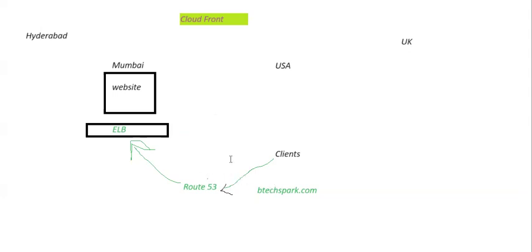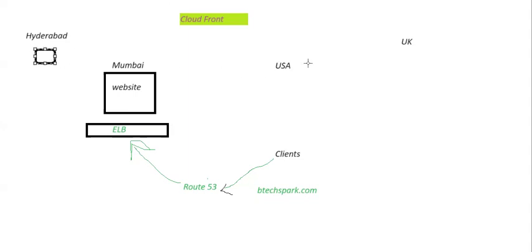So let us discuss that. In every region, this is one region, this is one region, this is one region, right? In every region, what this CloudFront will do is create an edge location.